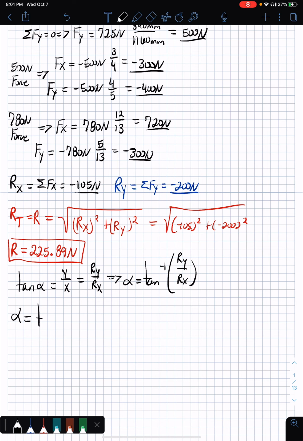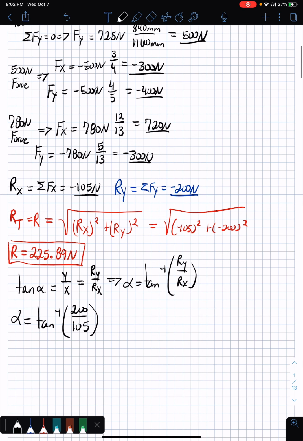Therefore, alpha equals inverse tangent of 200 over 105. Notice that I dropped my negatives because this is just an angle. The signs really won't matter at this point because it's basically taking a magnitude. Therefore, alpha will come out to 62.3 degrees.